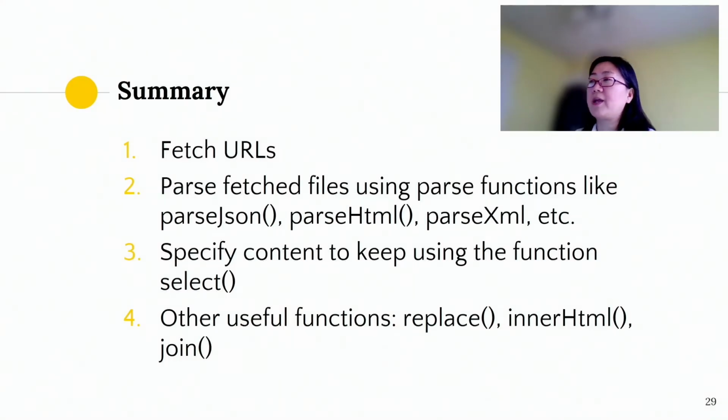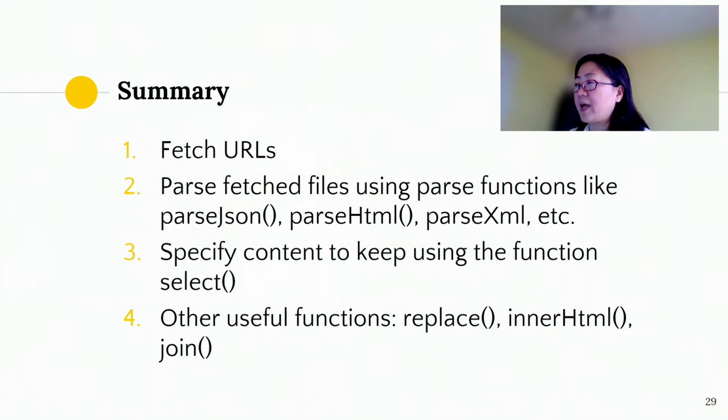So this is a brief of the two projects. First, we get our URLs ready in the proper format. Then we fetch the URL using the same command, add a new column by fetching URLs. Then we parse the fetched content using the parse functions like parseJson, parseHtml, or parseXml.